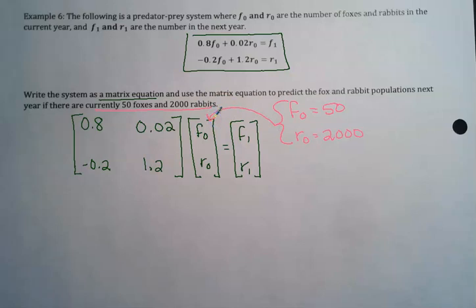We're going to have 0.8, 0.02, negative 0.2, and 1.2, times 50 and times 2,000. And we're actually going to solve those. So it's going to equal F sub 1 and R sub 1.